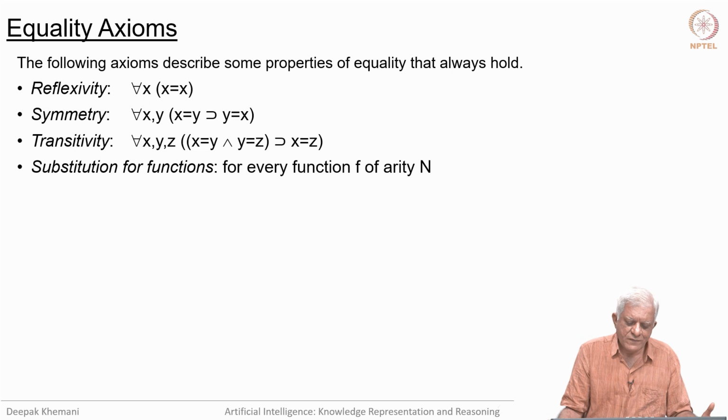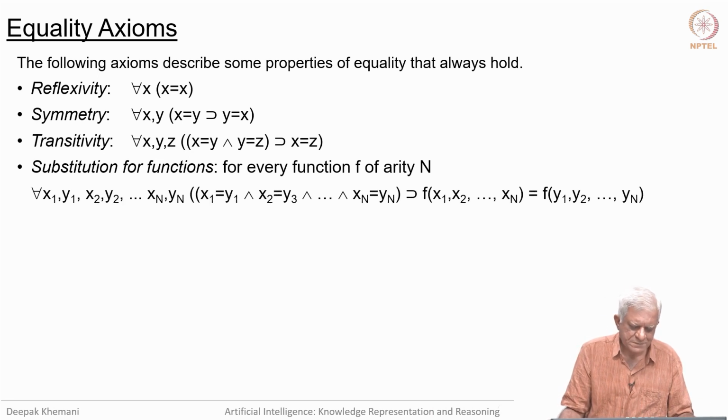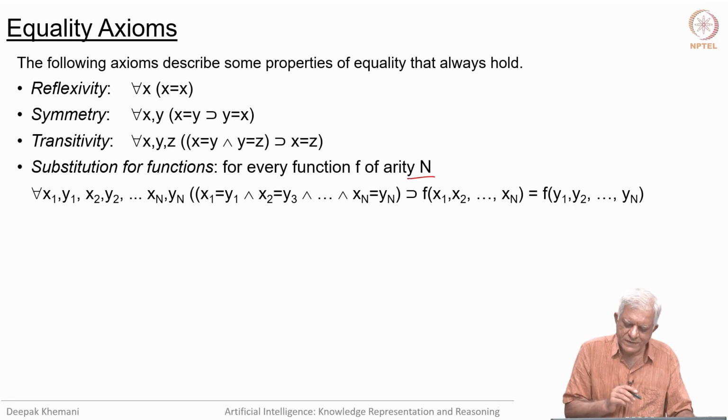Then substitution for functions. If we have function symbols in our language, then this axiom must be added. It says that if f is a function symbol of arity n, then it takes n arguments.